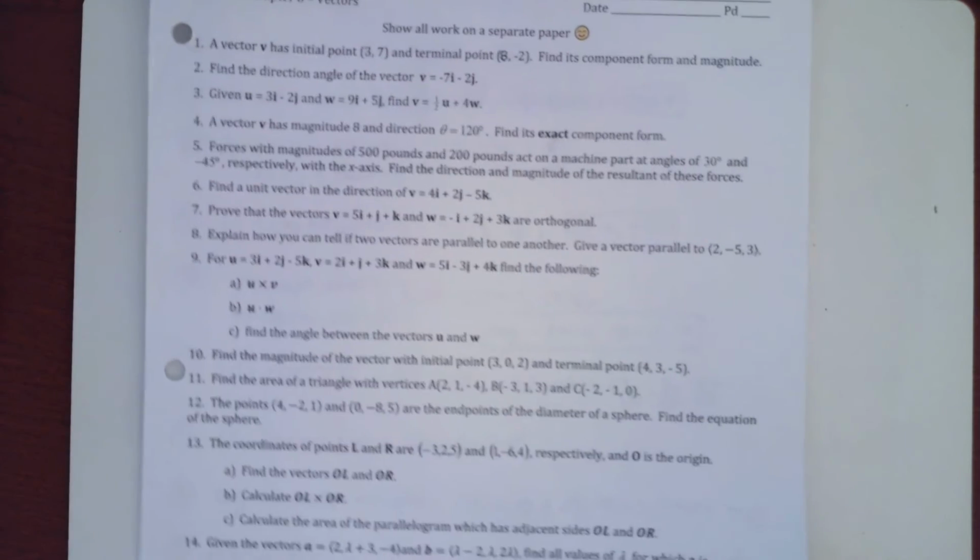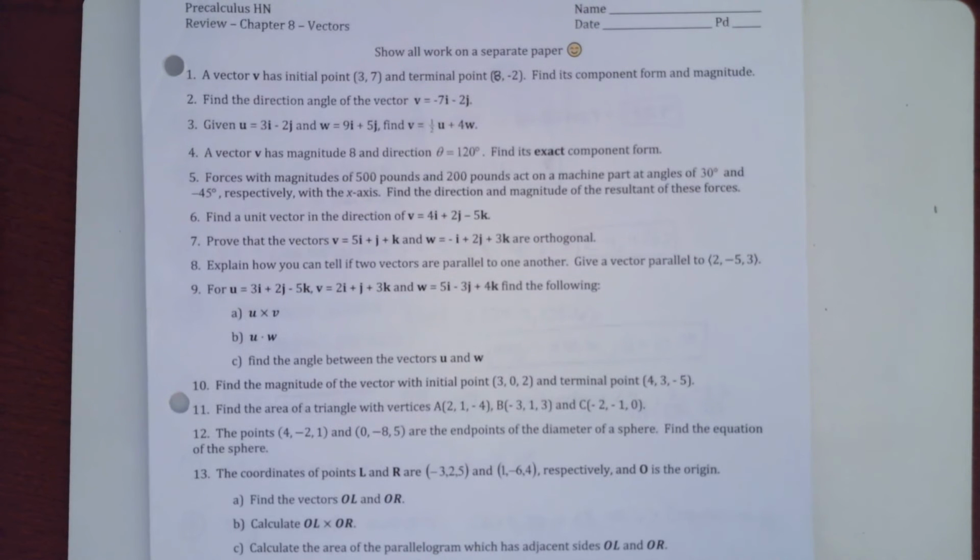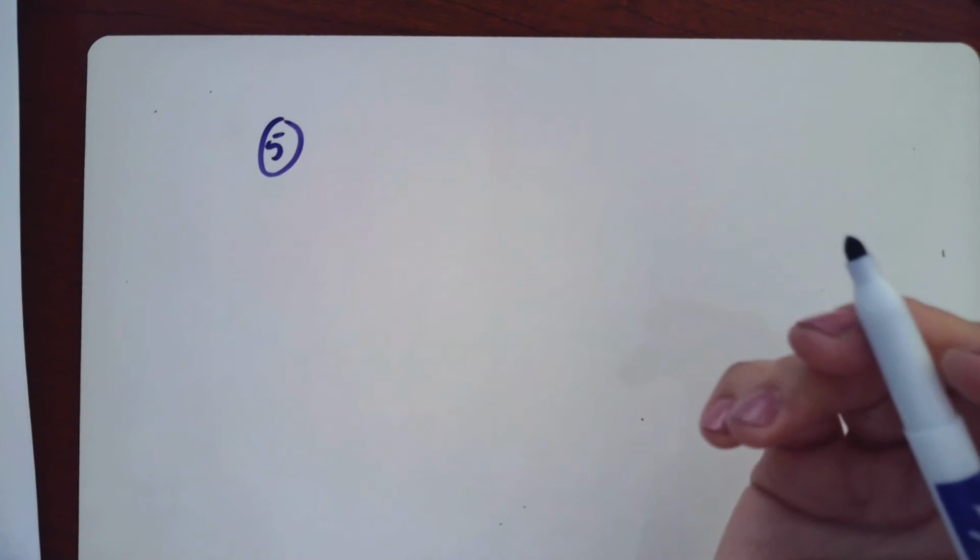So in number 5, it tells you you have basically those 3 forces there. So what you're doing is you're just making up 3 vectors for these things and you are adding them together. So just like you did in number 4, make up that vector, we're going to do the same thing. So we have the first vector, 500 pounds and 30 degrees.